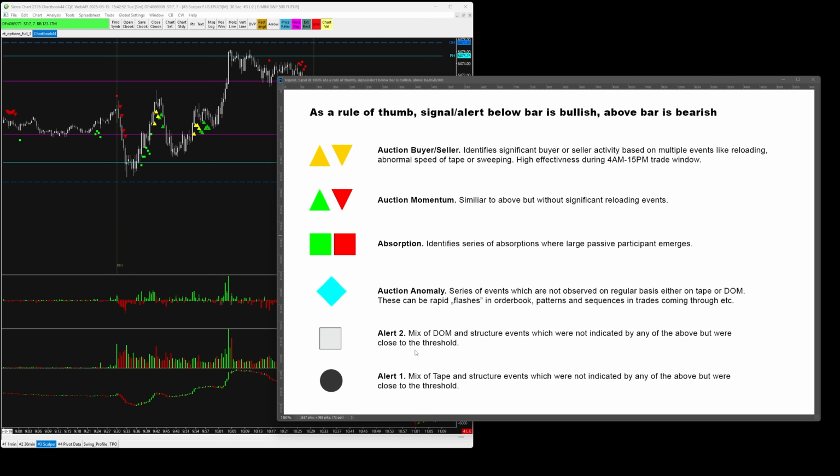So sometimes you will have these things which are quite like the ones here, but the thresholds were not that significant. So the event was there, but the amounts are not quite there.